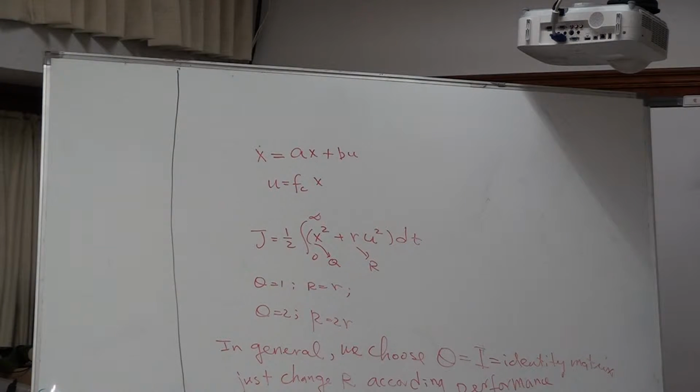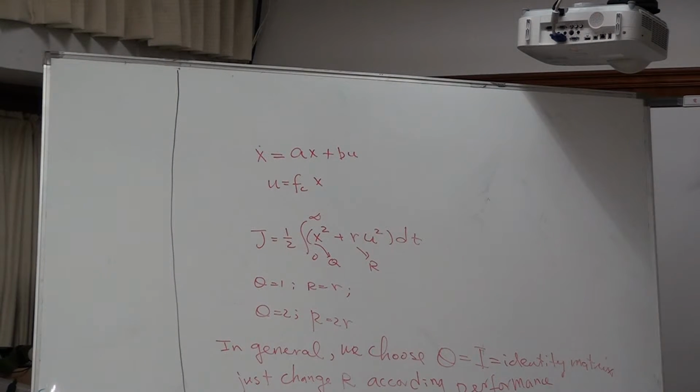So when you apply optimal control, we choose Q as just identity. We just change R and then check our performance. If our performance is not right, then we change the value of R. That's also a square matrix; for single input, R is just a scalar. That's what we do in practice.